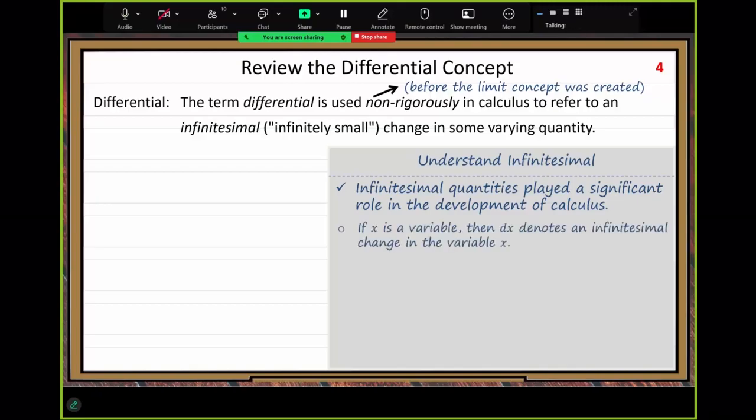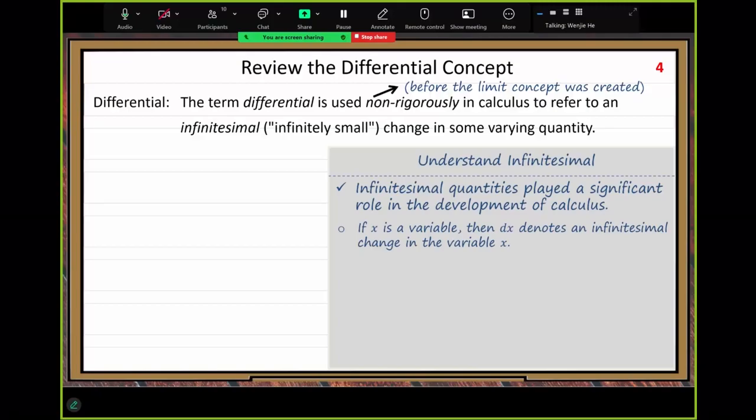So if x is a variable, then dx denotes an infinitesimal change in the variable x. That's their early definition of the differential, but it's not rigorous, because the infinitesimal concept is not rigorous.